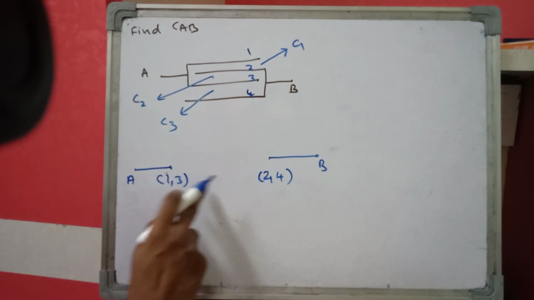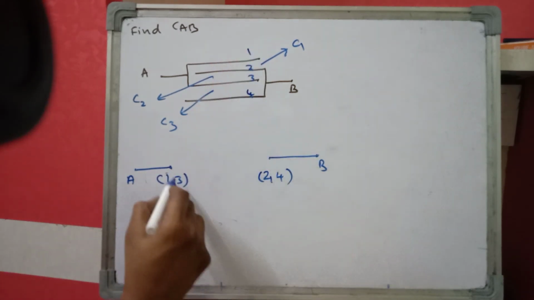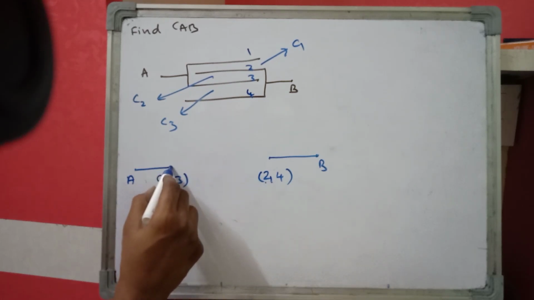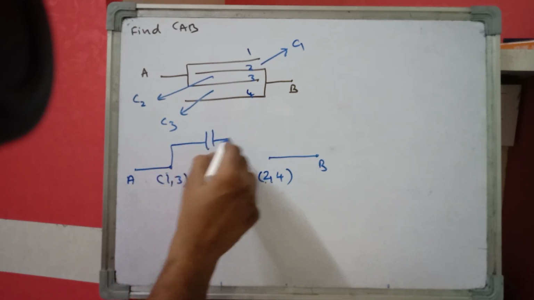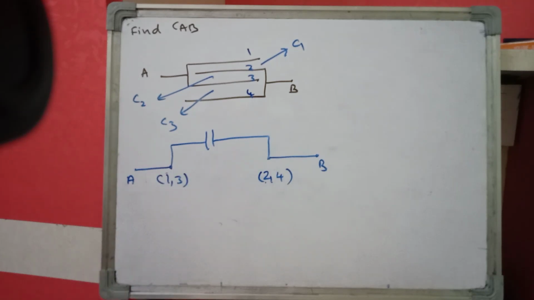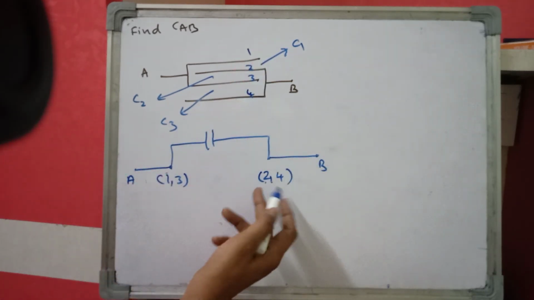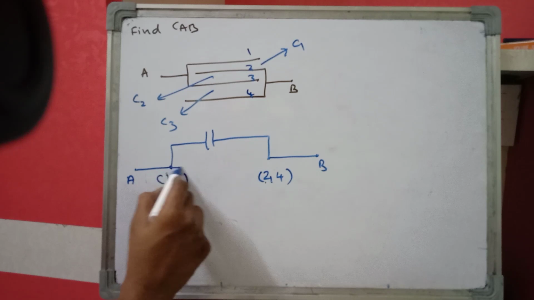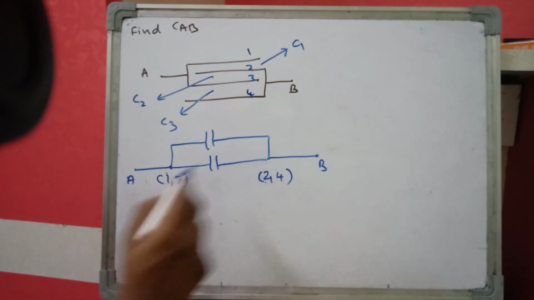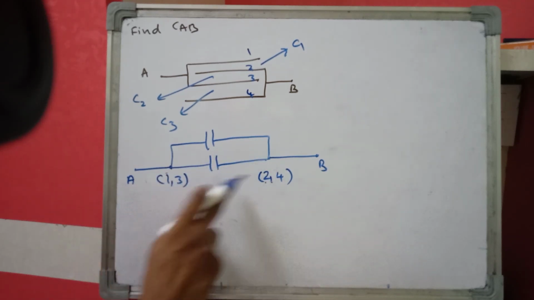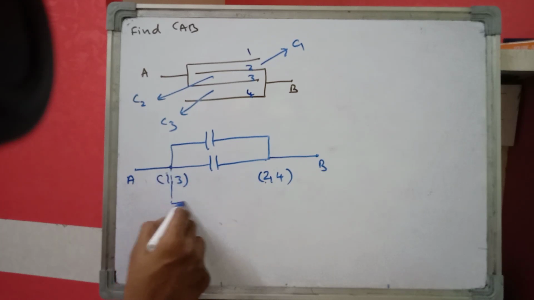So between 1 and 2 we have one capacitor, between 2 and 3 a second capacitor, and between 3 and 4 another capacitor connected here.